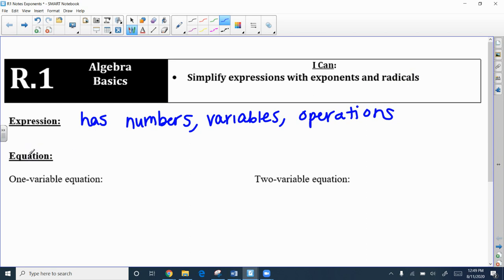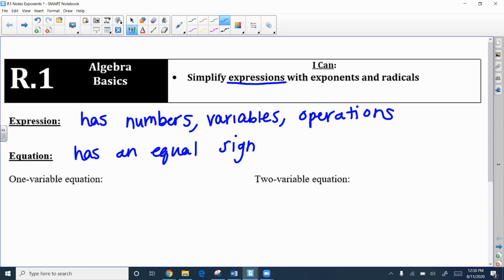Now, the thing that makes an equation different is that an equation has an equal sign. So in unit R, we're just reviewing simplifying expressions. In unit 1, we're going to be solving all types of equations. So those have an equal sign.